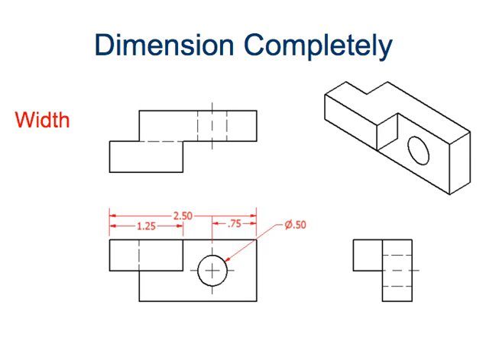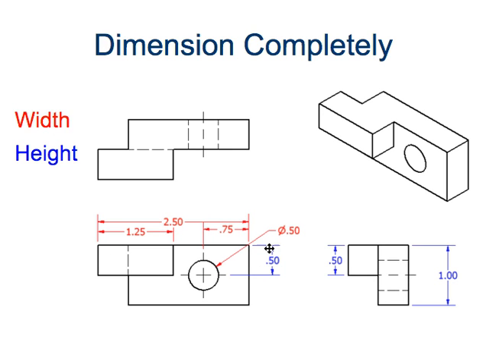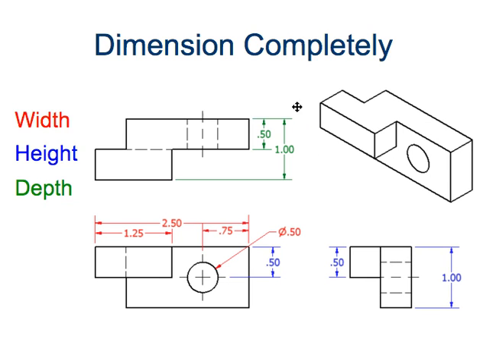Depending on what face you're looking at, for example in this one, we can see the full width of our shape. We can also see the full height of the shape. That full height is being given here in this right view, and then we can also see the depth of the shape. So as you can see, you can have a maximum of 2 dimensions per orthographic projection.